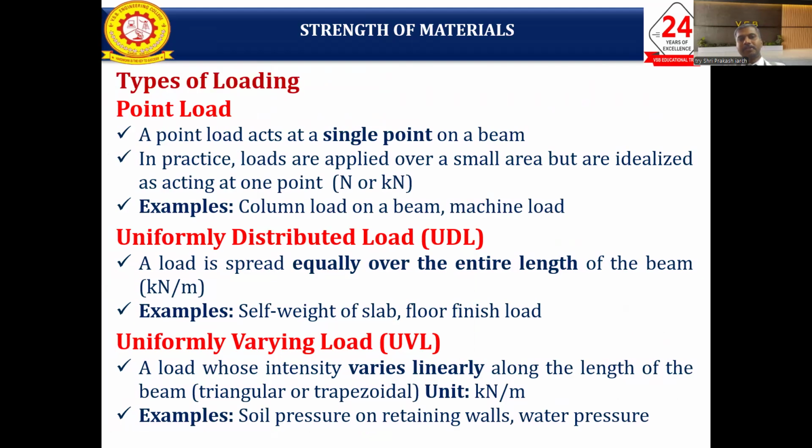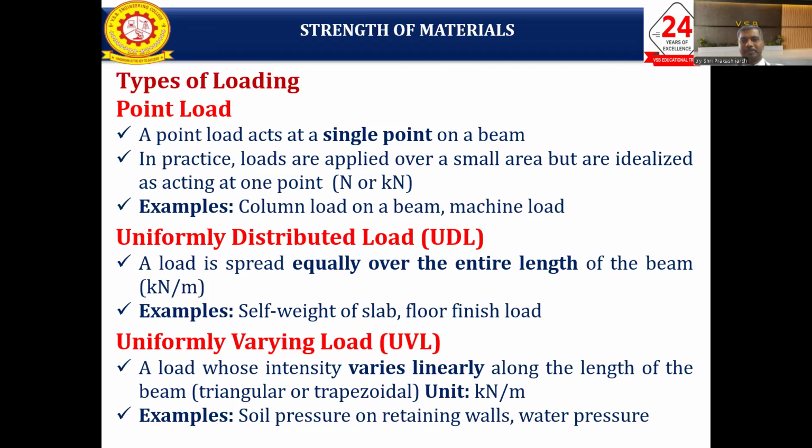Next, the different types of loading systems on a structure. Generally, these three are the most possible: a point load, a uniform distributed load, and a uniformly varying load. A point load acts at a single point on the beam. If you take a simply supported beam, it's like a single point, only one point.